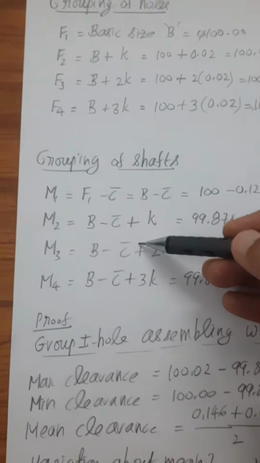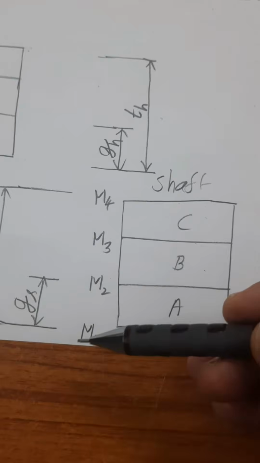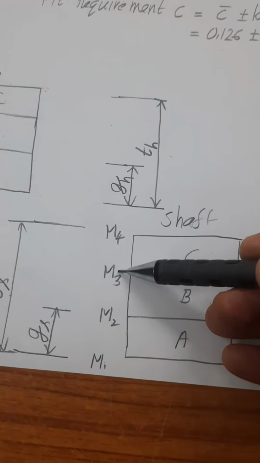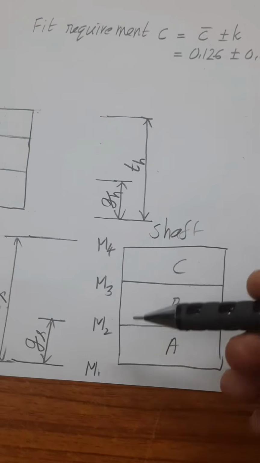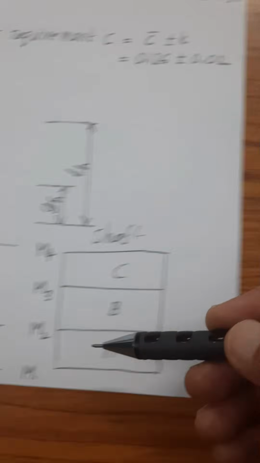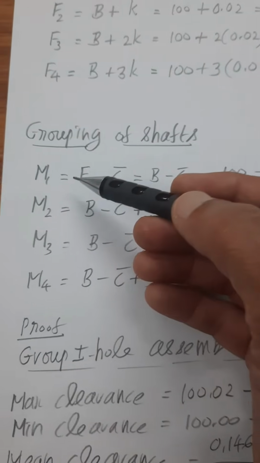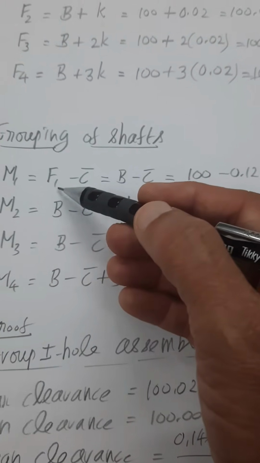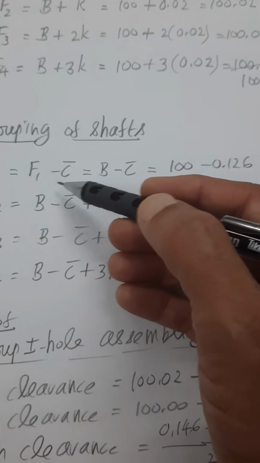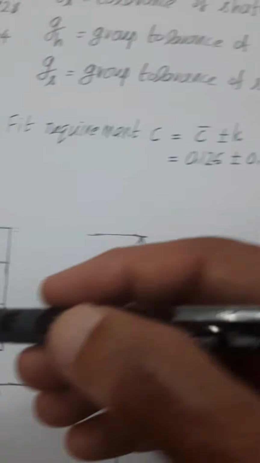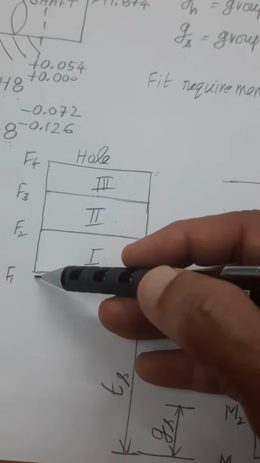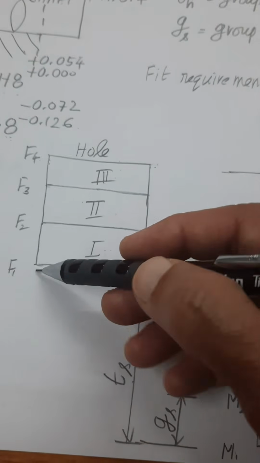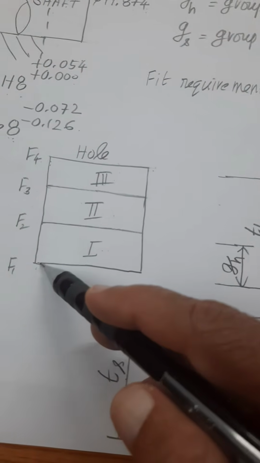Grouping of the shafts. We need to find the limits of the shaft groups, M1, M2, M3, M4, and so on. M1 is given by F1 minus C bar. F1 is nothing but the lower limit of the first group of holes, which is the basic size of the hole.